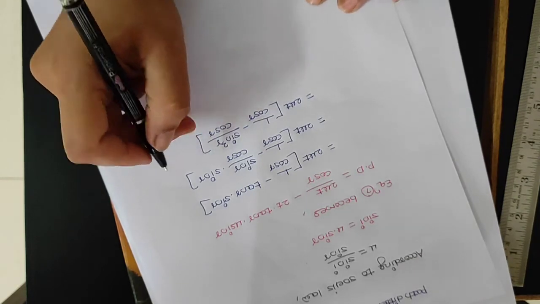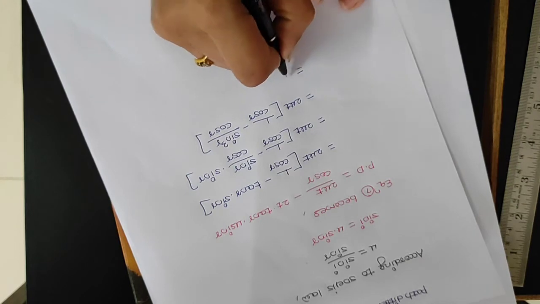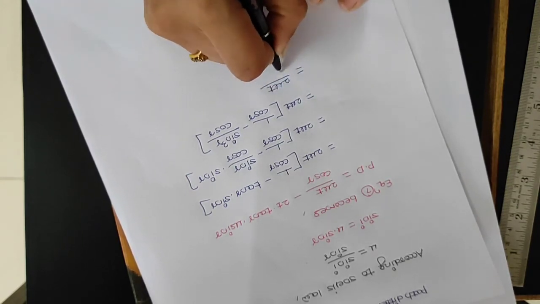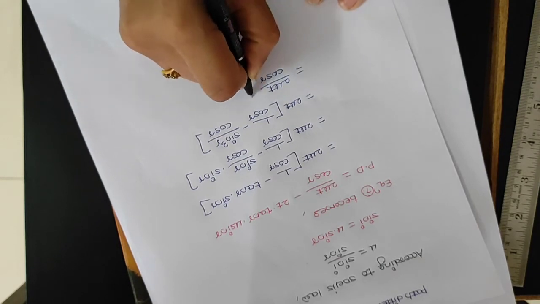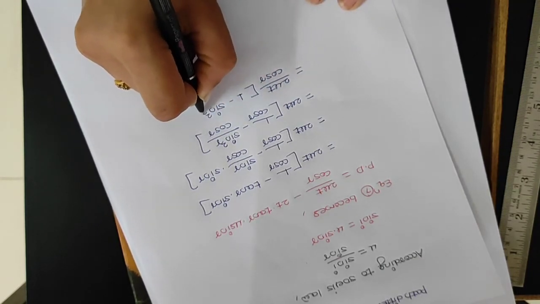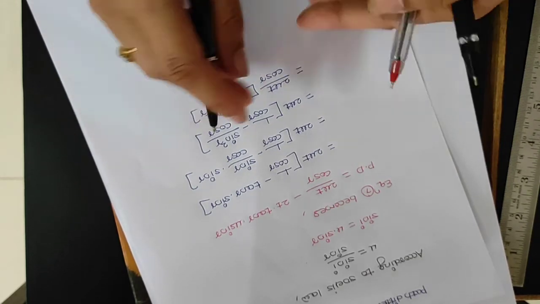Now cos r here also we will take common. Therefore, we can write this equation like this: 2 mu t divided by cos r, 1 minus sin square r. Now again 1 minus sin square r is equal to cos square r.